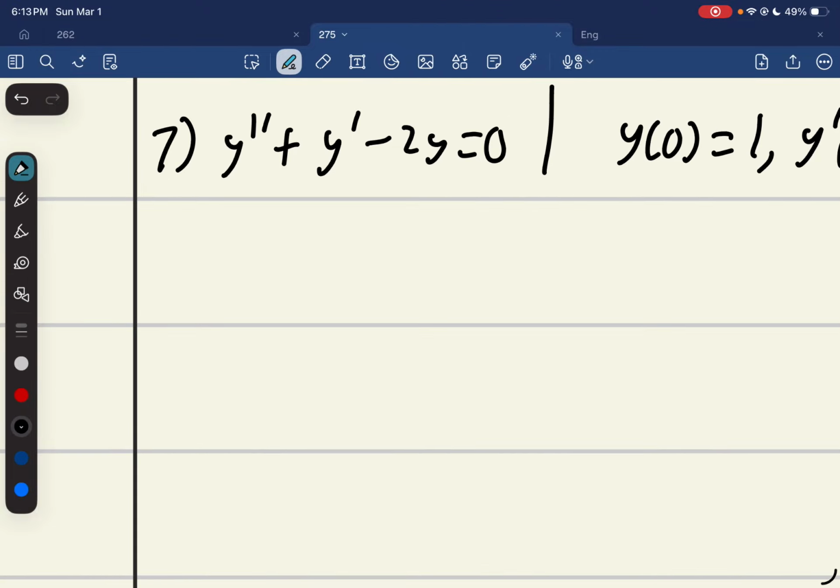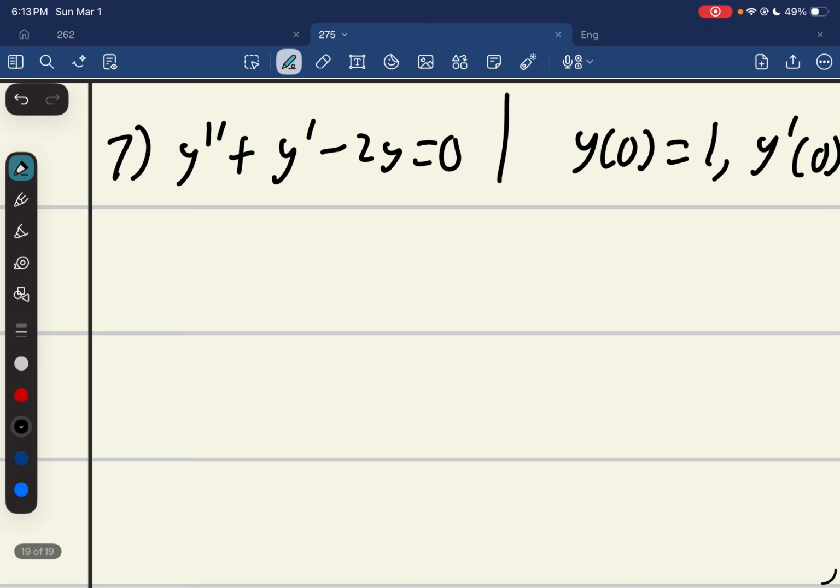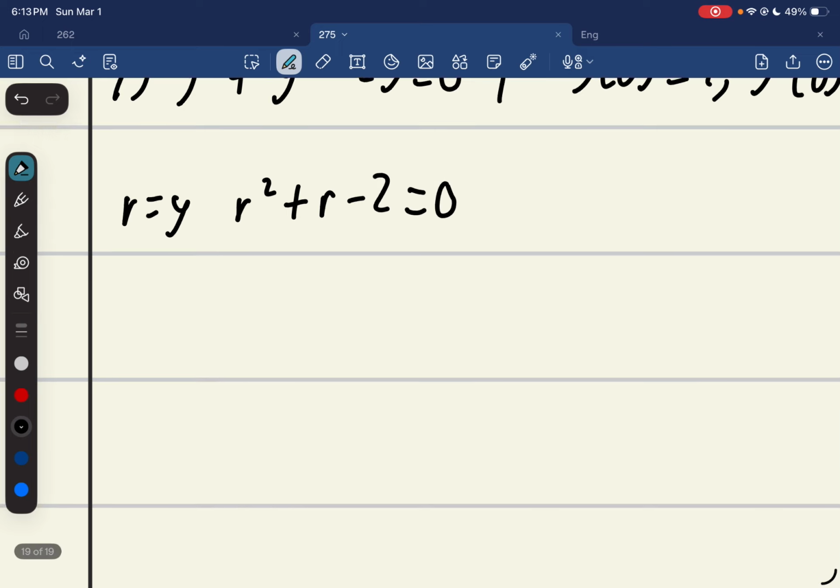So the easiest way to solve this is to set this up in r squared. So we have r set up to r equals y. So this is going to be r squared, since it has double prime, plus r, or just r, minus 2 equals 0.